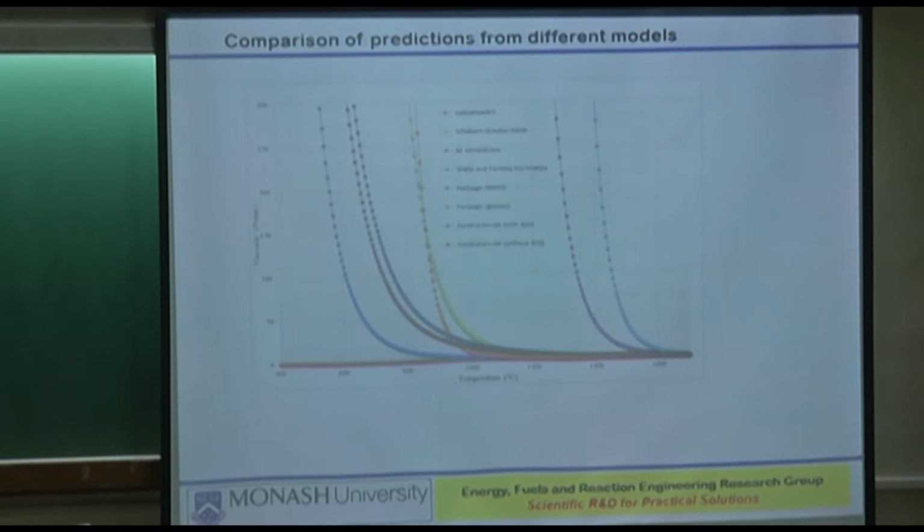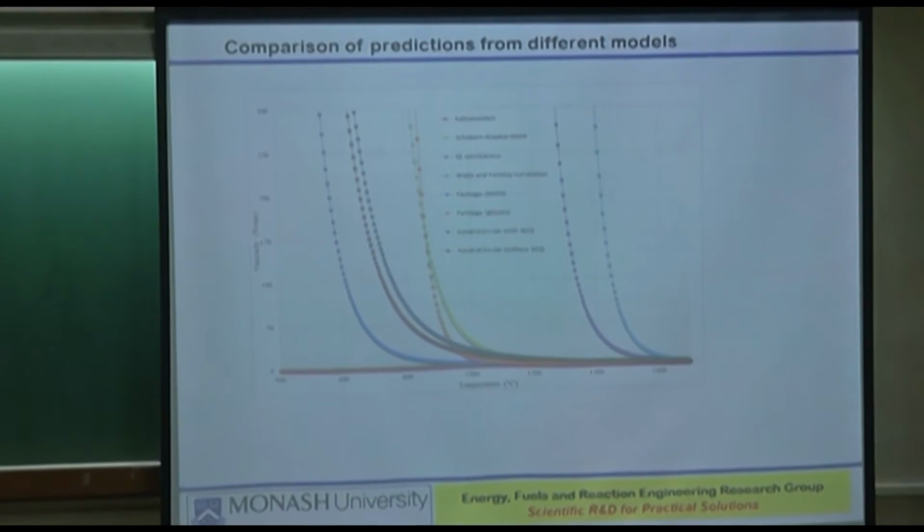remember in day 1, day 2, the very beginning, we talked about ash fusion temperature. And there we talked about 4 different temperatures: the initial deformation temperature, then the second one, hemispherical, then the final one where it absolutely melts.